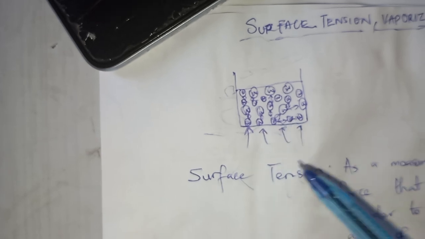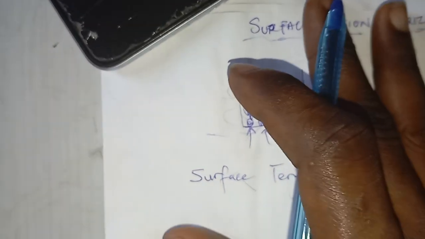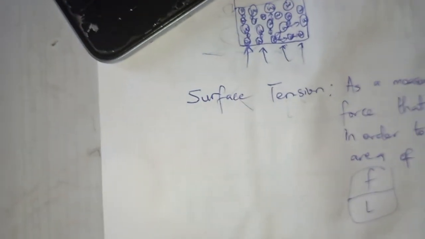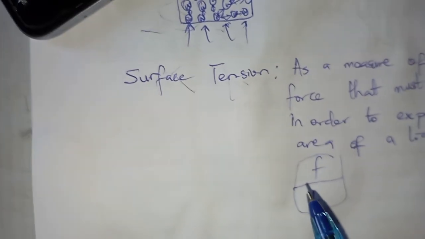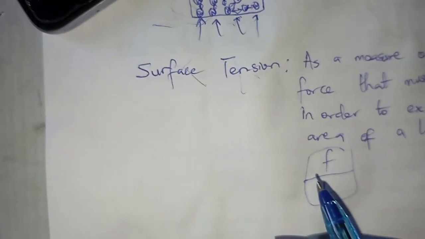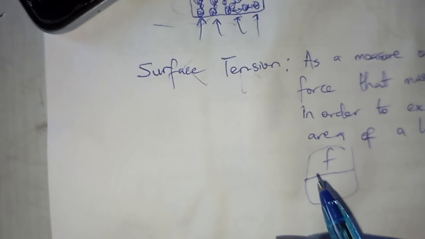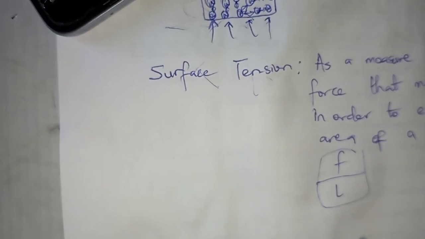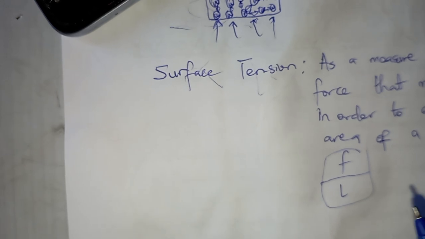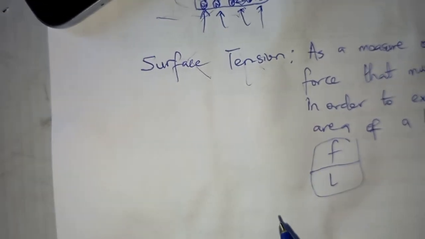So that's for surface tension. When we say boiling point, it means the temperature at which the liquid meets the atmospheric pressure. So if we say that something has a high boiling point, it means that it has a high surface tension. Understand?